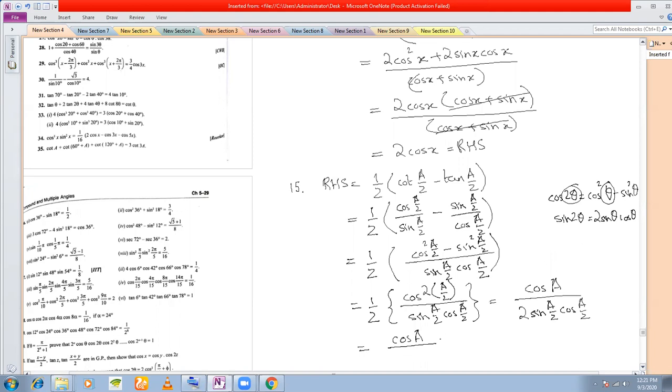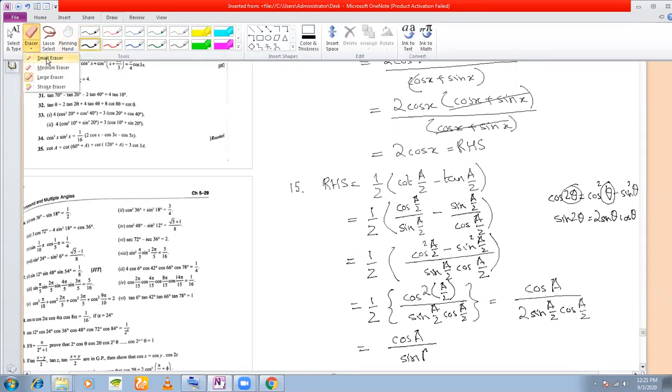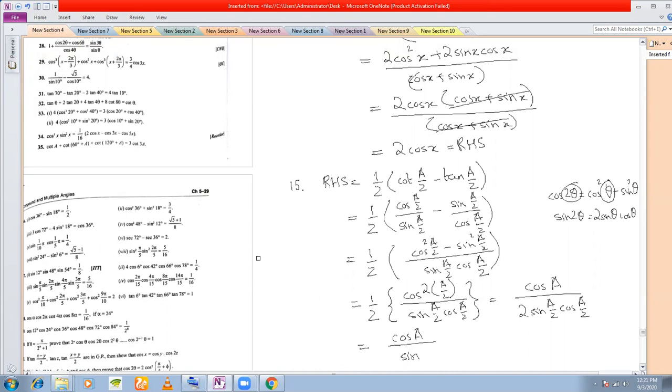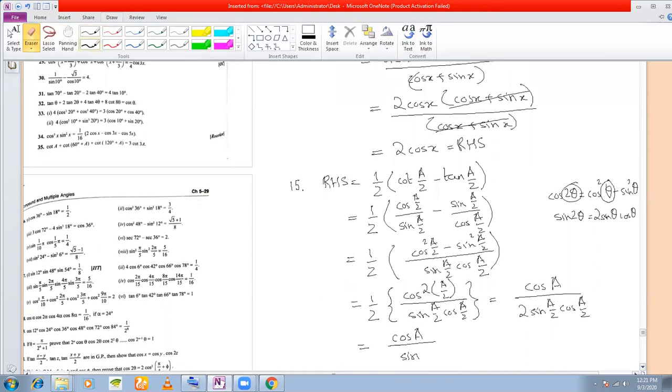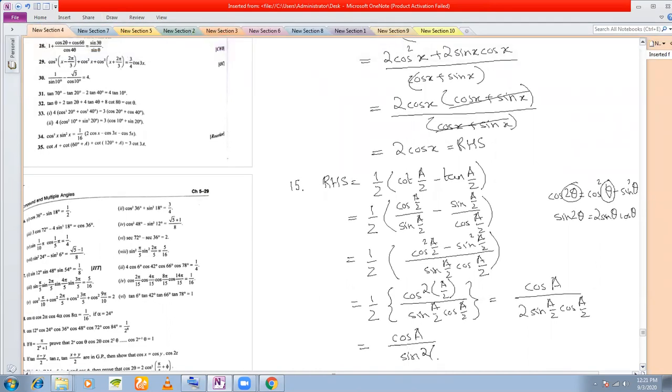So this is simply sin twice of A by 2, which is sin A. So this is cos A by sin A, which is cot A. Okay, so we stop here for today.